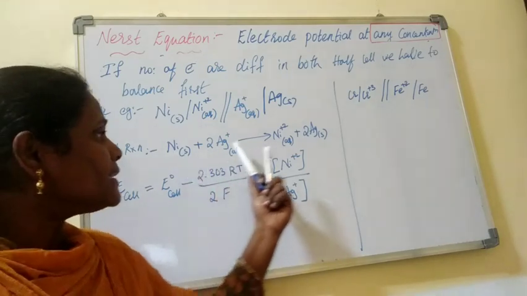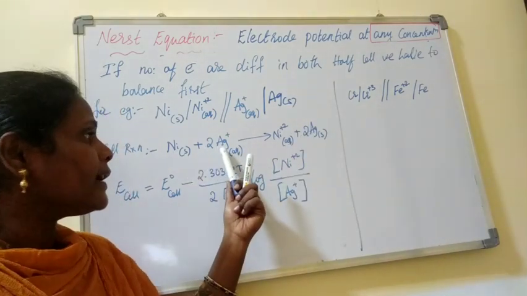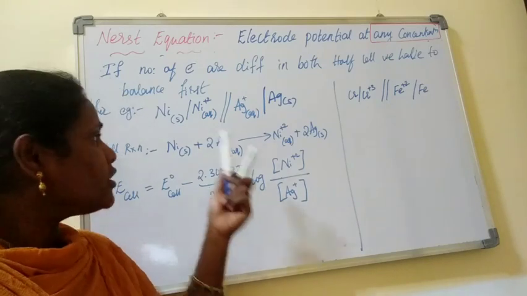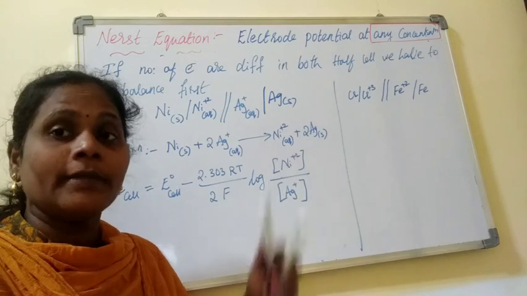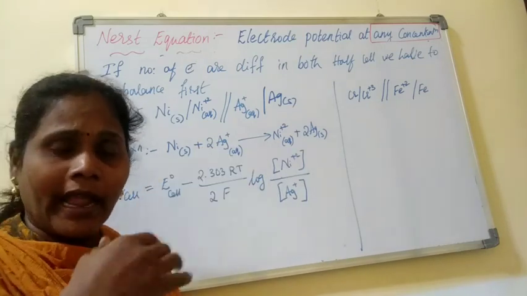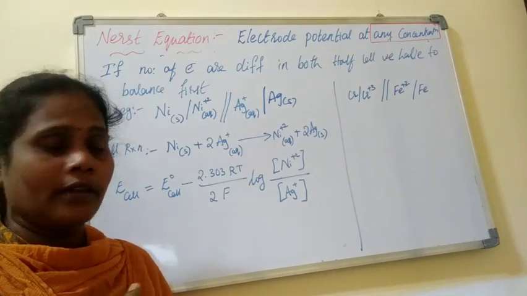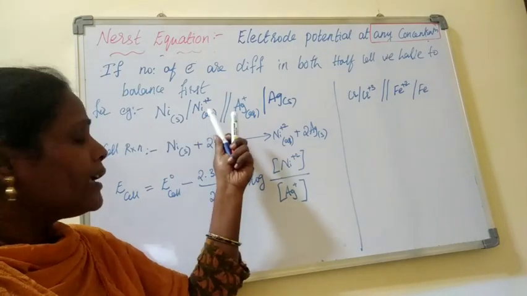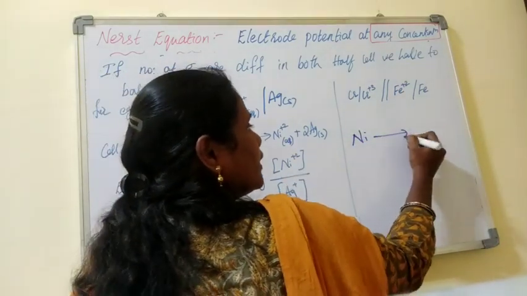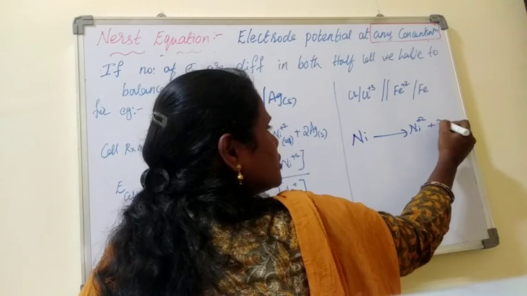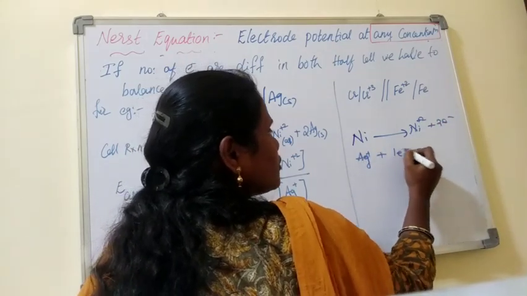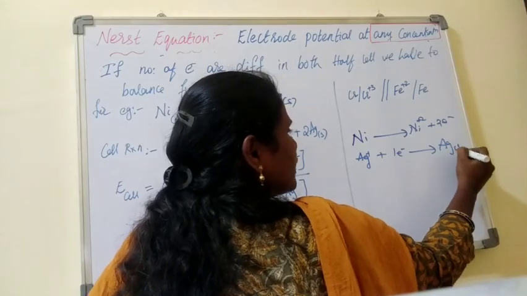So here the balanced equation contains 2 silver ions, because 2 silver ions accept the 2 electrons released from the nickel, because we said the full net reaction. How will we write it? We will write it by adding both half cell reactions. So here nickel converts into nickel 2+ plus 2 electrons, whereas silver plus takes an electron and converts into silver solid.